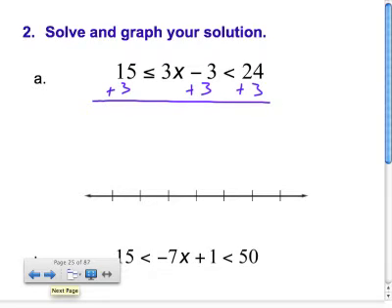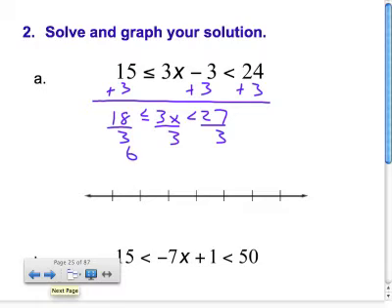So this becomes 18 less than or equal to 3x, less than 27. I've got to get x by itself, so I divide by 3. I have to do every single thing. 18 divided by 3 is 6, less than or equal to x, less than 9.